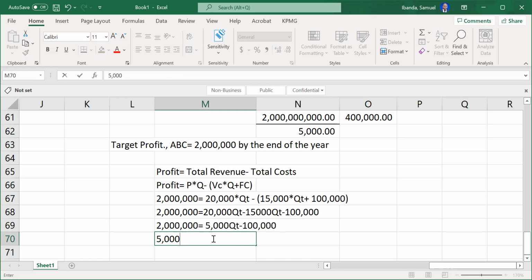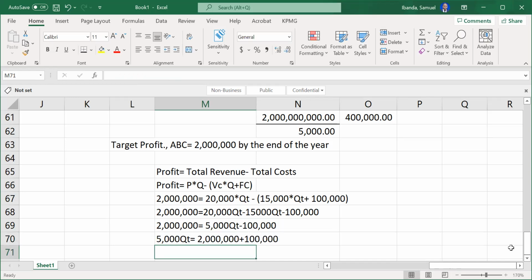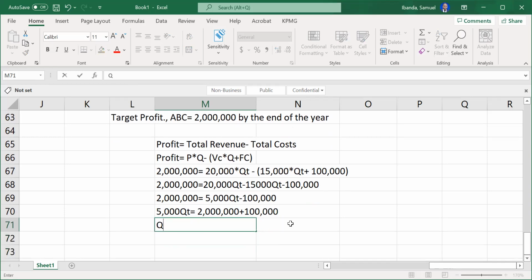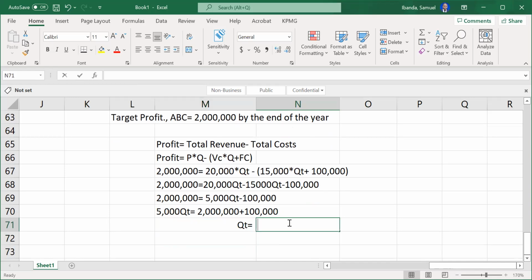So I'm going to arrange, I'll leave QT alone, and this is what I'm going to have. 5,000 QT is equal to 2 million plus 100,000. So at the end of the day, my QT, which is the quantity at target profit, will be given by 2.1 million divided by 5,000.